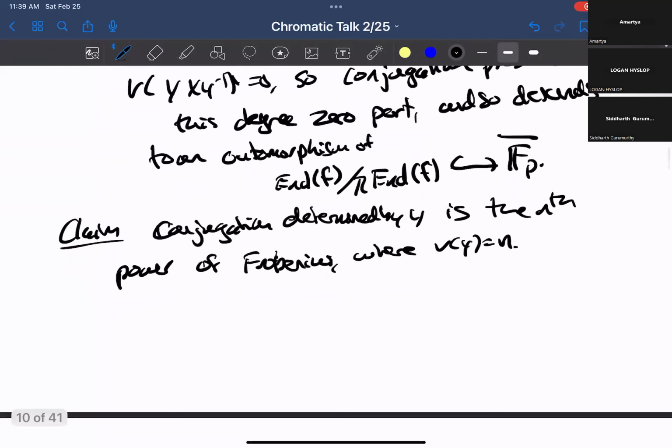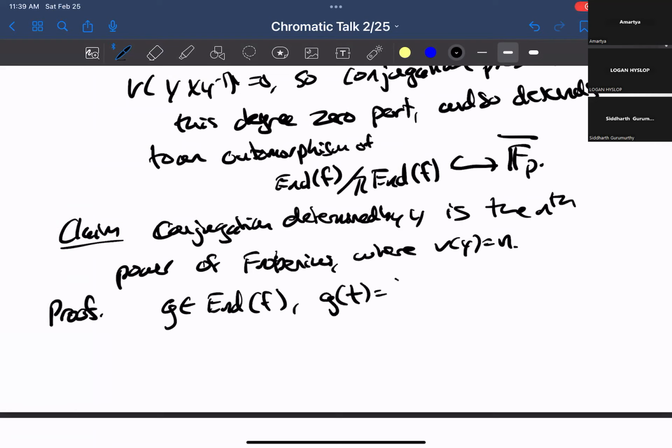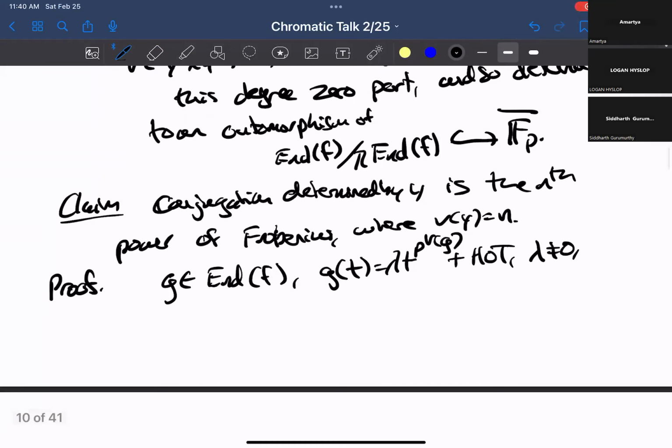To see this, we're going to take any G in the endomorphisms of F with G of T equal to lambda T to the P to the nu of G. This is again by definition of nu. And then we're going to have plus higher order terms, and that's not equal to 0.